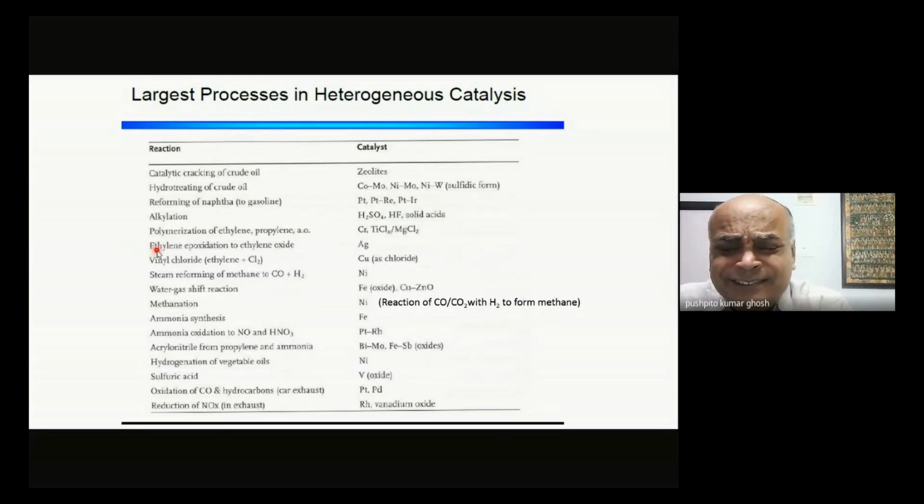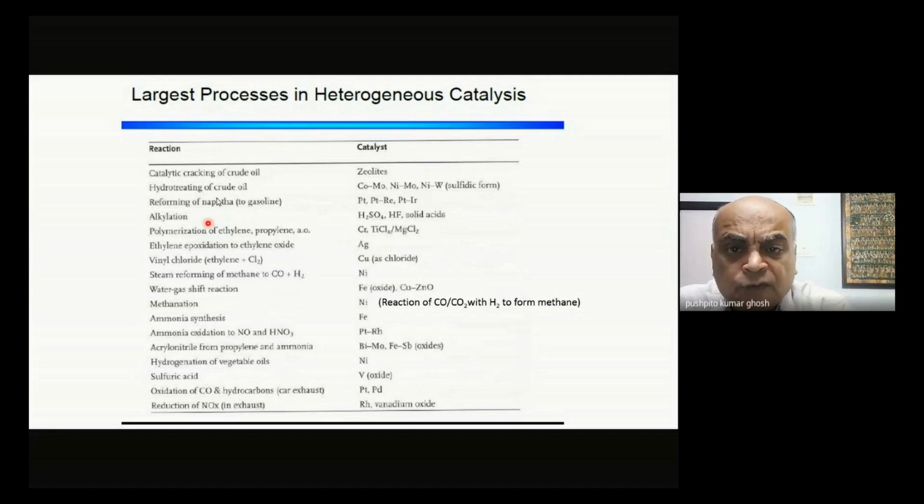Polymerization, you just see the hundreds of millions of tons of polymer being produced every day, through the Ziegler-Natta catalysts, which are based on titanium and zirconium and so on. Ethylene epoxidation, the countless surfactants and other molecules which are made from epoxides, from ethylene oxide, are all made by silver catalyst.